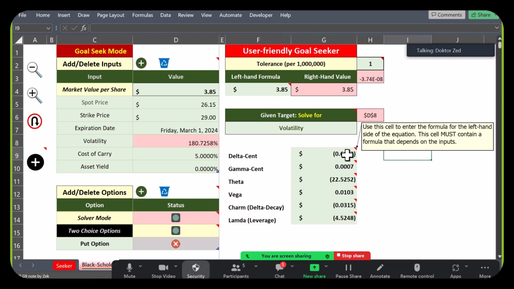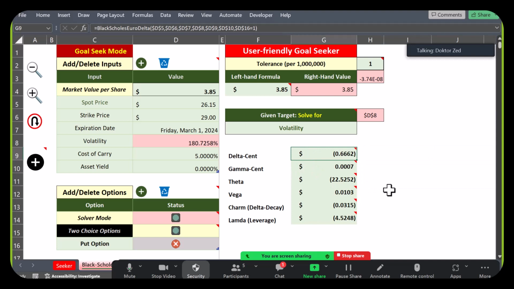So for small price movements, if the price went up by exactly 1 cent, the value of this option contract would have gone up by only 66 cents, or 60 cents would have gone if the price went down by 1 cent. Value of the contract itself would have gone up by 67 cents.